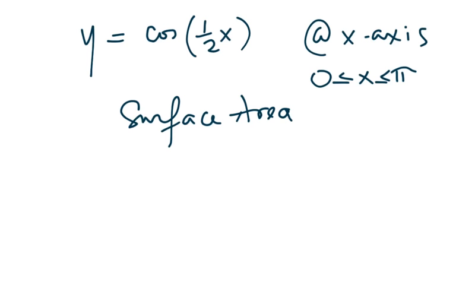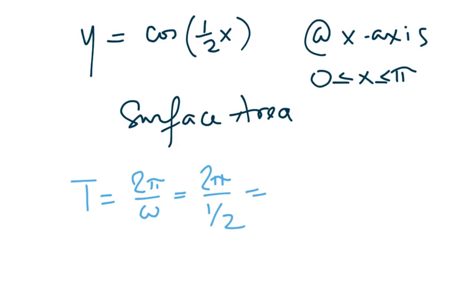Right? If you had to graph it, the first thing you would do is find the period, which is 2 pi over omega, omega being 1/2. So you would graph it from 0 to 4 pi, let's say this is 1, 2, 3, 4 pi.